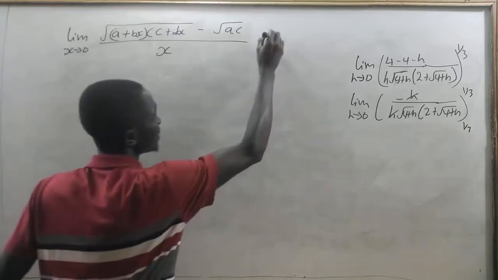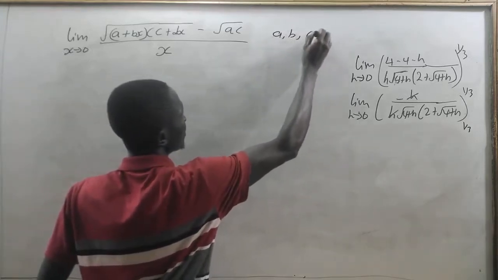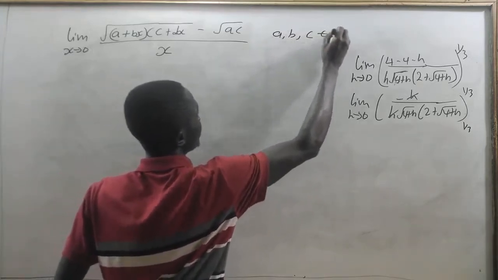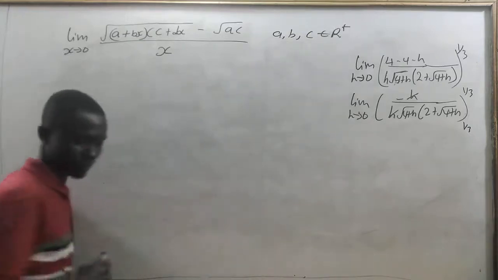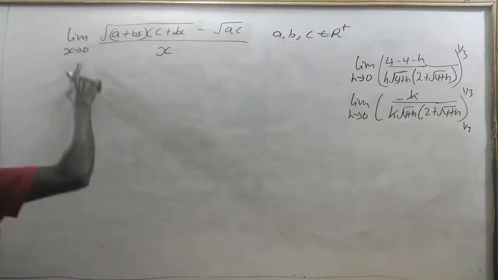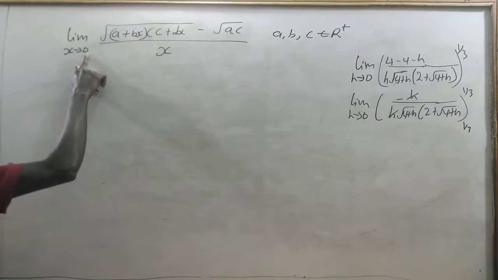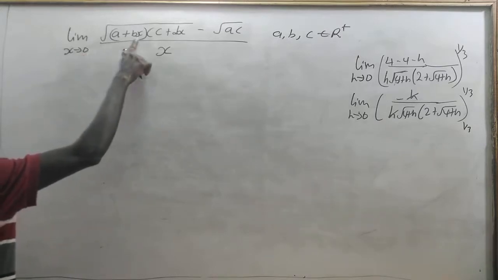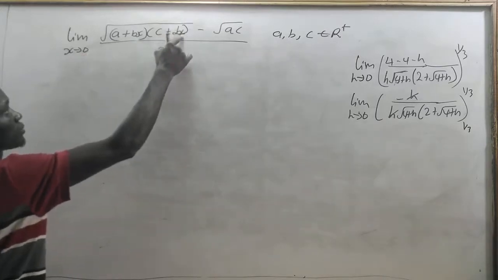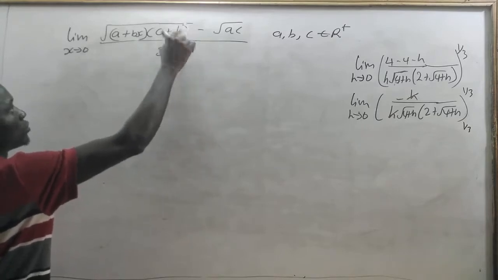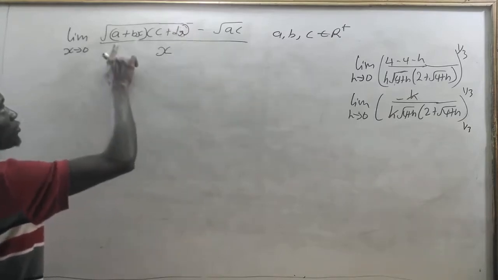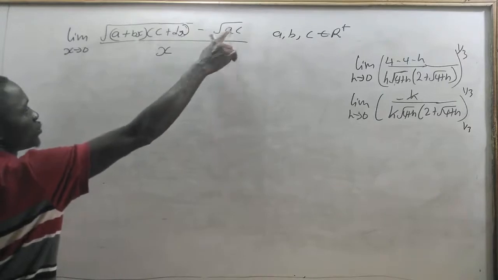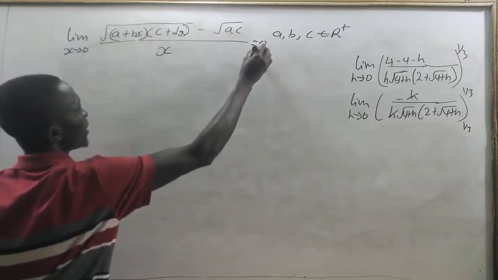Here we are saying that a, b, and c are a subset of positive real numbers. So here, if we put in x equal to 0, b times 0 will be 0, d times 0 will also be 0, and we have the square root of ac minus the square root of ac, which is 0. So we have 0 divided by 0.